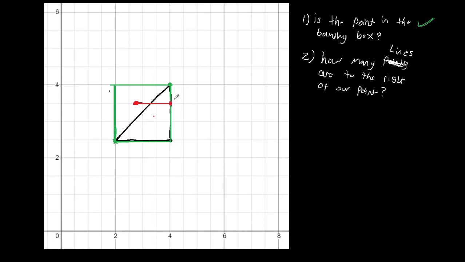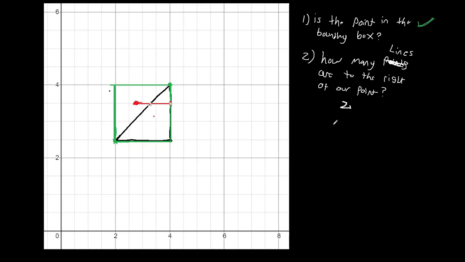And we're going to convert that to how many lines intersect this line. And so the answer here, we have one intersection here, and we have one intersection here. So our answer is 2. Two lines intersected that line.